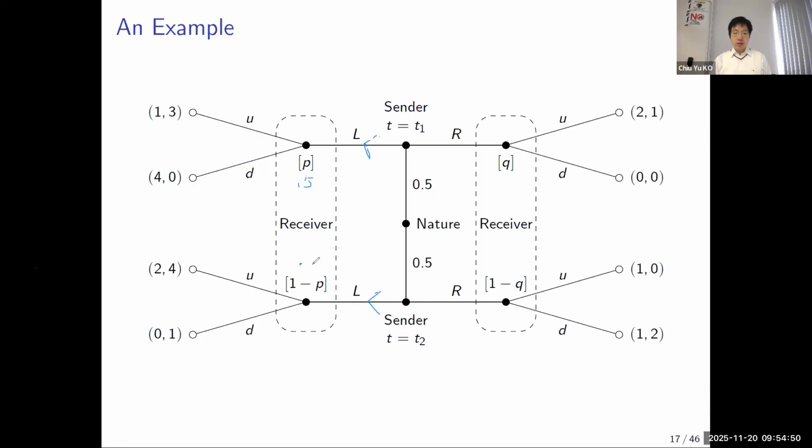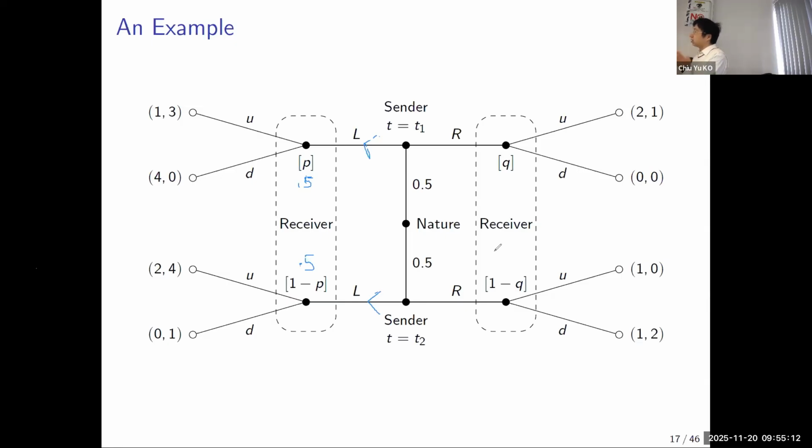All right, because both types send the same message, you can't improve what you think. Half of the L should be from type 1, half of the L should also be from type 2. Okay. And this Q has nothing to say.